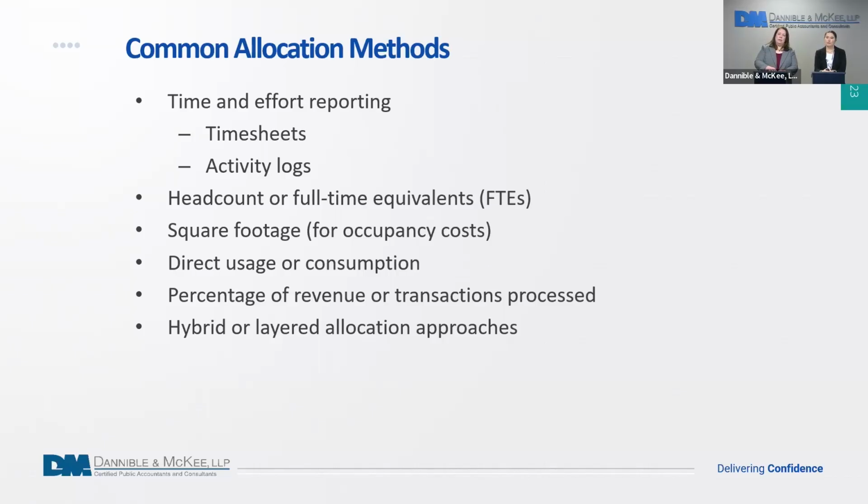But if that person in that office is being split between program and management in general, then we also have to do another allocation. So it can get a little bit complicated, but those are the best practices on how to do it. So direct usage or consumption, percentage of revenue or transactions processed, or, as I was talking about, the hybrid or layered allocation approaches.